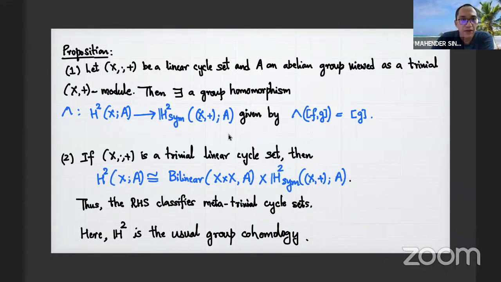But more interesting is if you take the trivial linear cycle set, then the second linear cycle set cohomology is isomorphic to bilinear maps from X cross X to A times the second symmetric group cohomology. So in other words, the group on the right hand side classifies meta-trivial linear cycle set extensions.